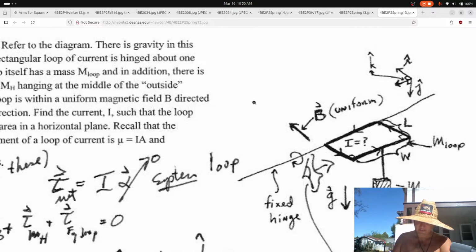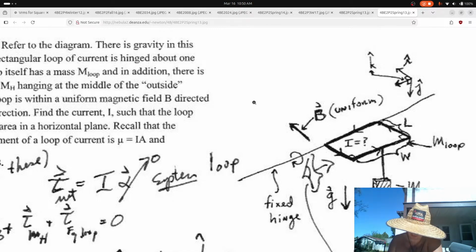the center of mass. Oh, dude, this is what killed me on the last exam, is I couldn't remember it. So the center of mass is going to be L over 2. So now tau due to gravity. I'm pretty sure it's just, yeah, it's just going to be minus L over 2, 0, 0.